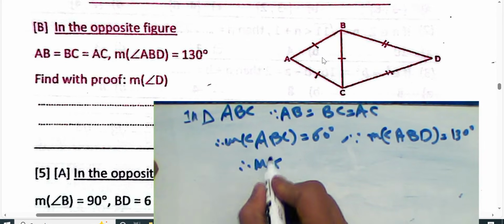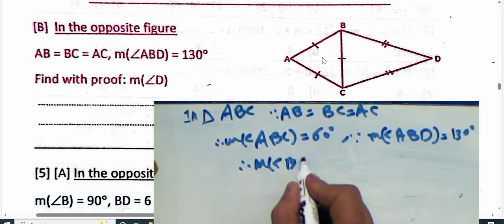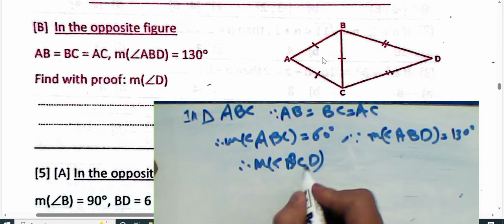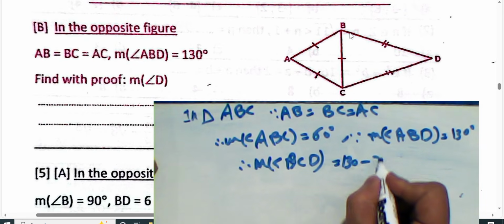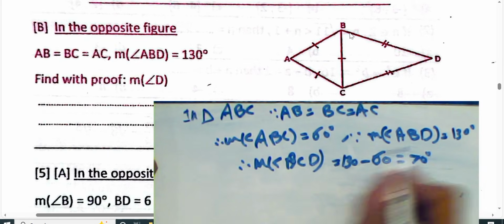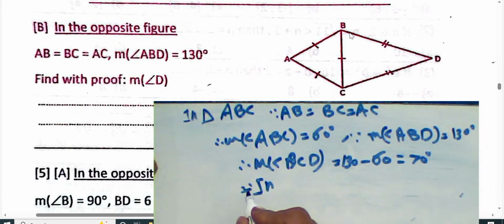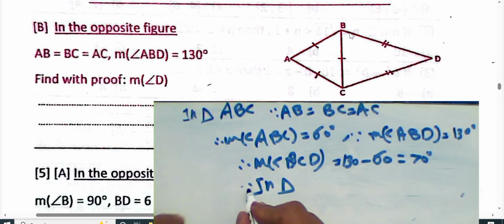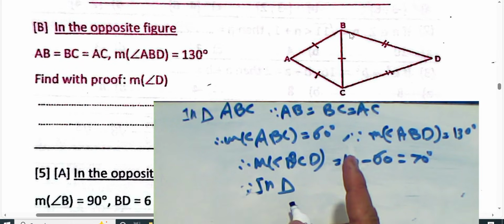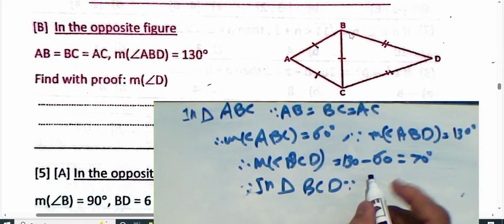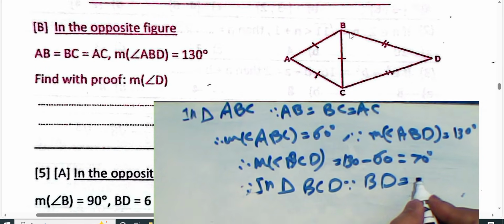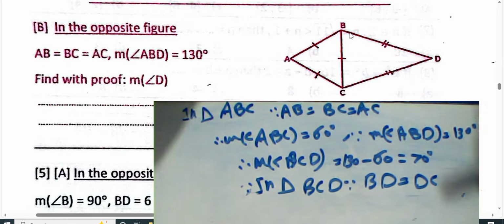Then the measure of angle BCD, look here, this angle BCD is 130 subtract 60 equals 70 degrees. Then we have another triangle here, triangle BCD, such that we have BD equivalent to DC. We call it an isosceles triangle.